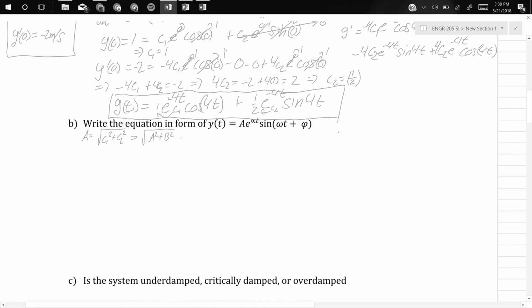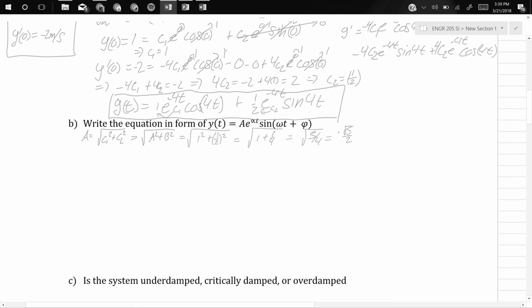So then this would equal the square root of 1 squared plus 1/2 squared, which equals the square root of 1 plus 1/4, which equals the square root of 5/4, which equals square root of 5 over 2. I did that by putting the square root on the top and the bottom.